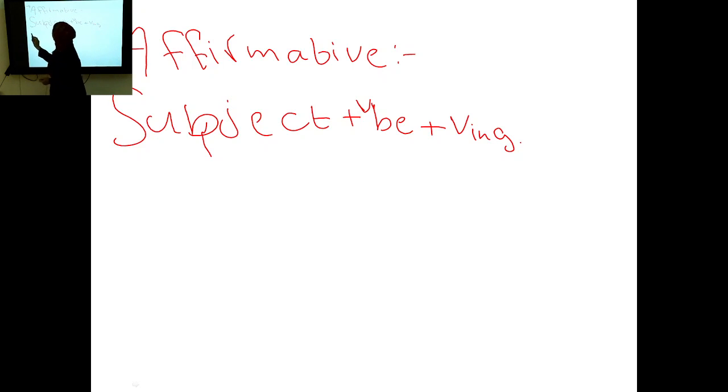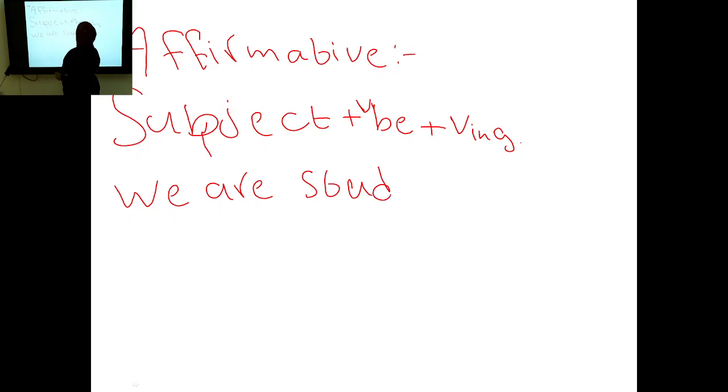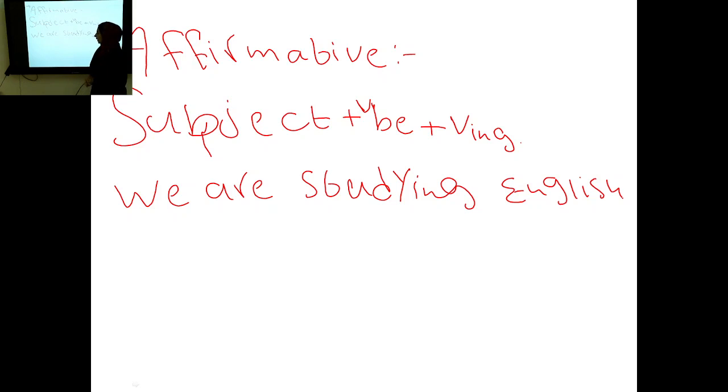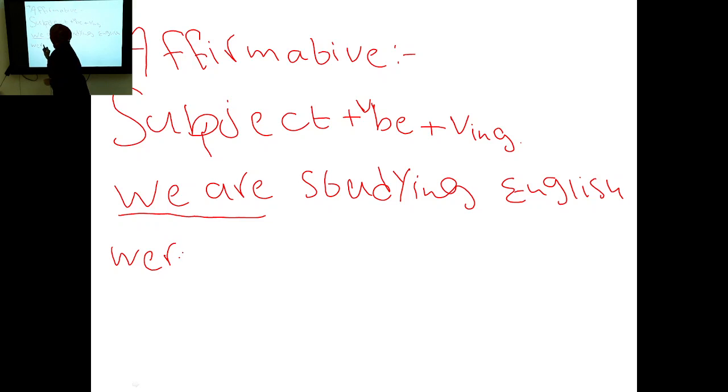For example, we are studying English at the moment or now, okay? Now we can contract we are. Instead of saying we are, we can say we're, with apostrophe, okay? So to make it easy while speaking, okay.